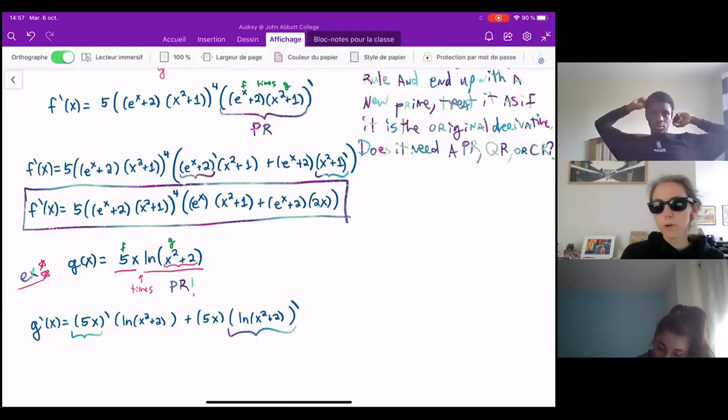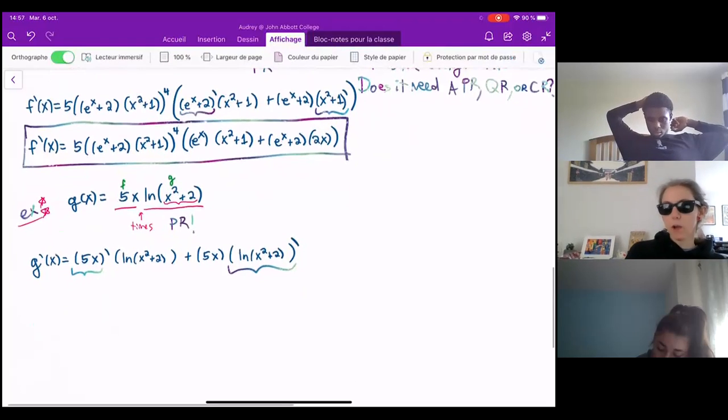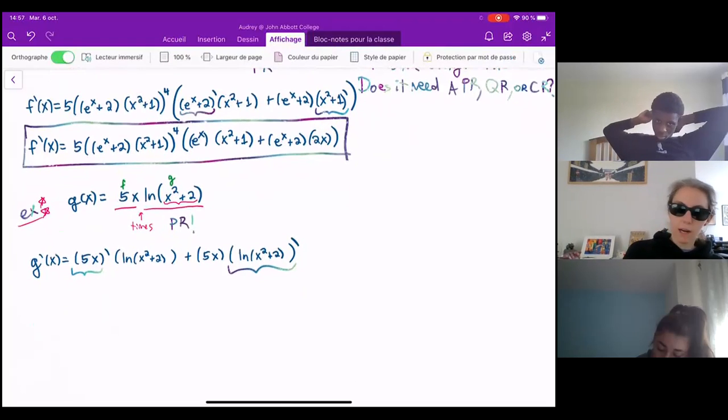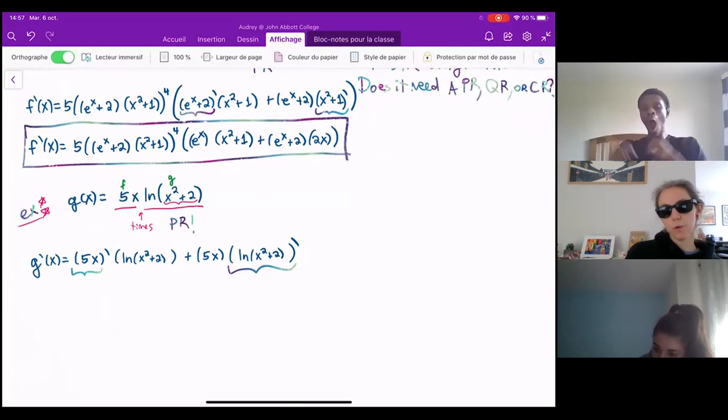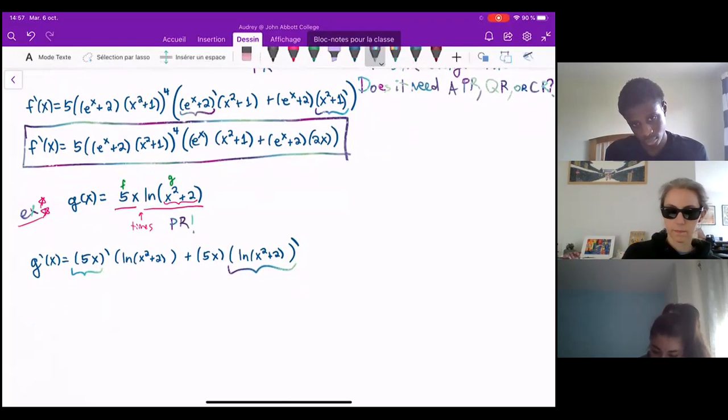And so for both of those two things, I'm going to ask myself again the same question. Do I need a product rule, a quotient rule, or a chain rule? So what about for 5x? Nope. That's pretty straightforward. It's simple. Then what about ln of x squared plus 2? Yes, that one is going to require a chain rule.